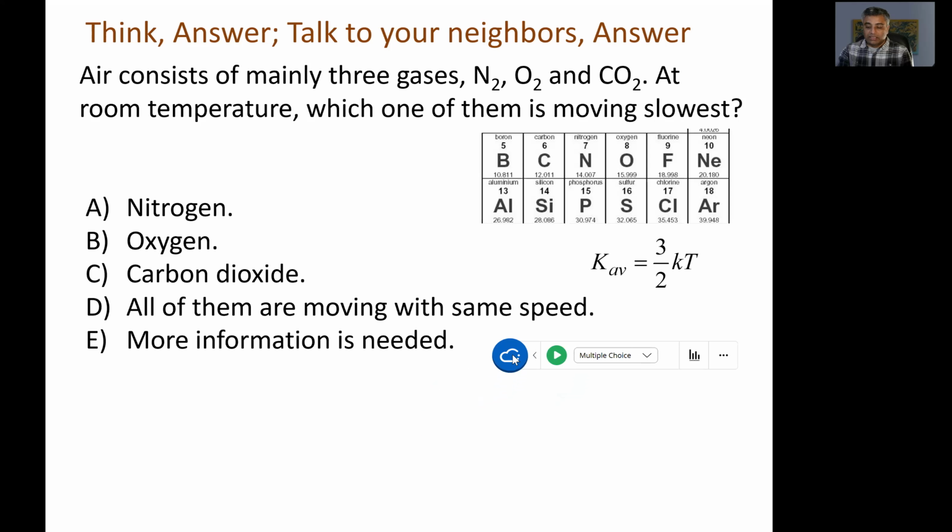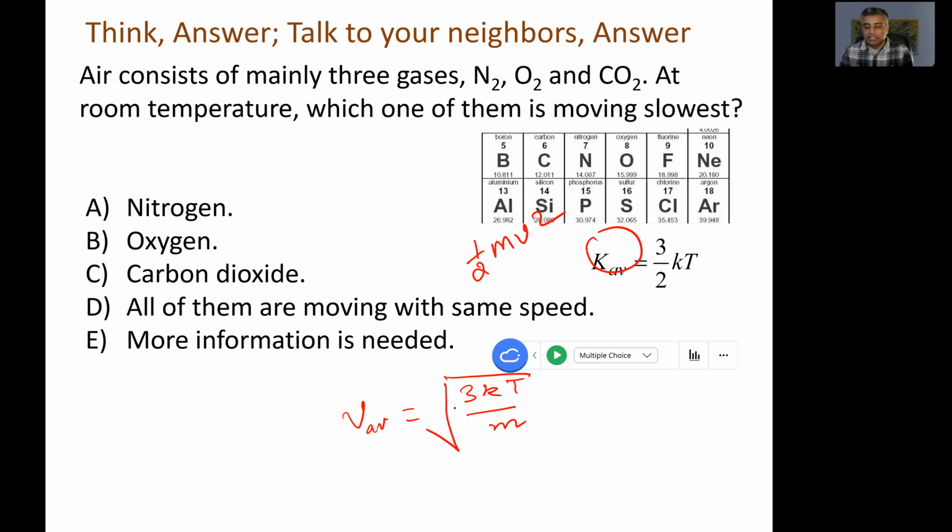Okay. So again, we need to write this in terms of half mv squared, right? And just like we did in the last slide, it turns out to be 3kT over m.